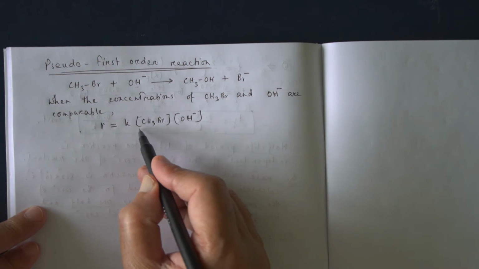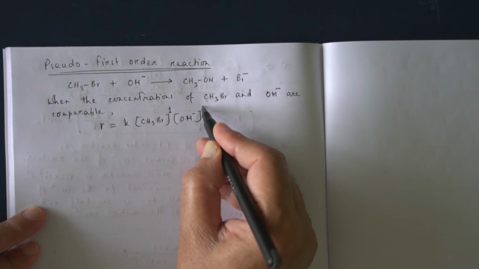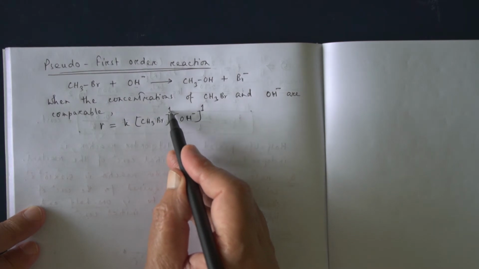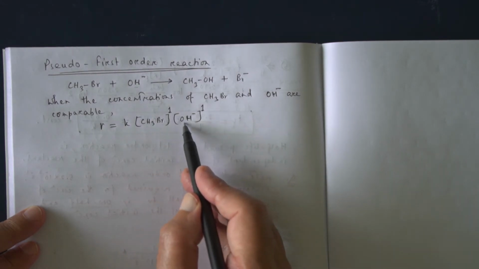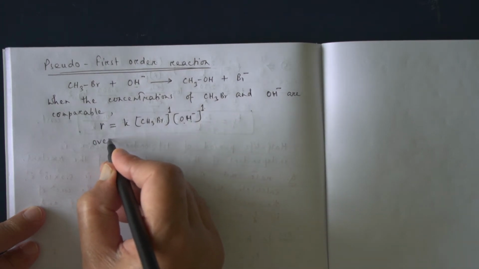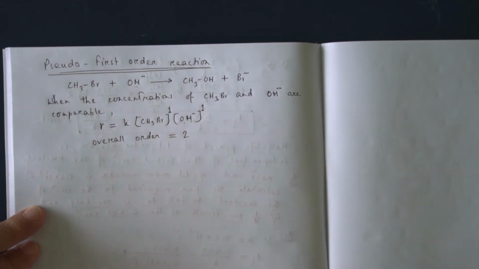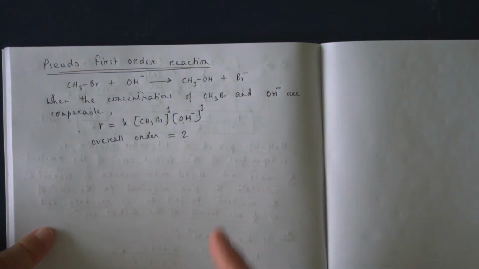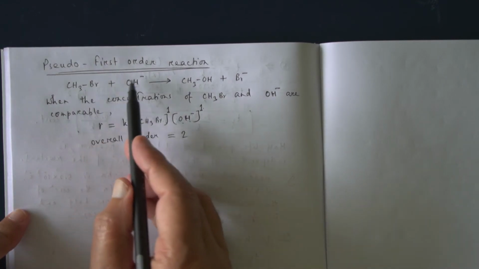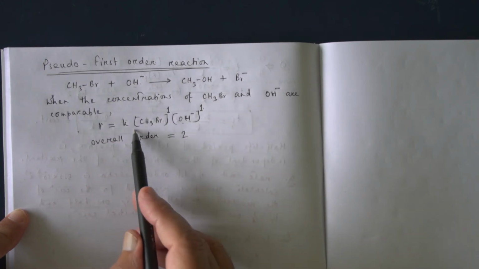So order with respect to bromomethane is 1, order with respect to aqueous potassium hydroxide is 1. So what is the overall order? Overall order is 2, 1 plus 1, 2. It is a second order reaction. So when concentrations are almost the same, the reaction is second order.